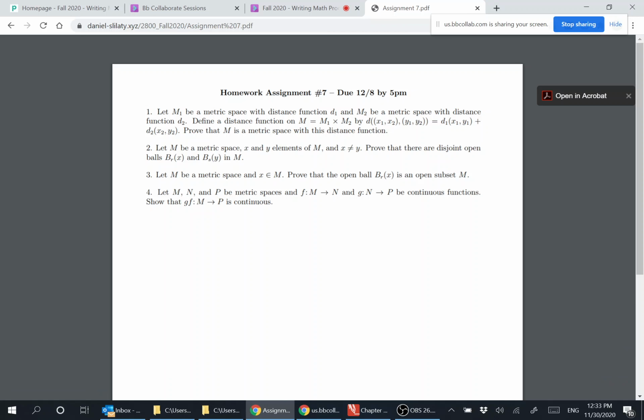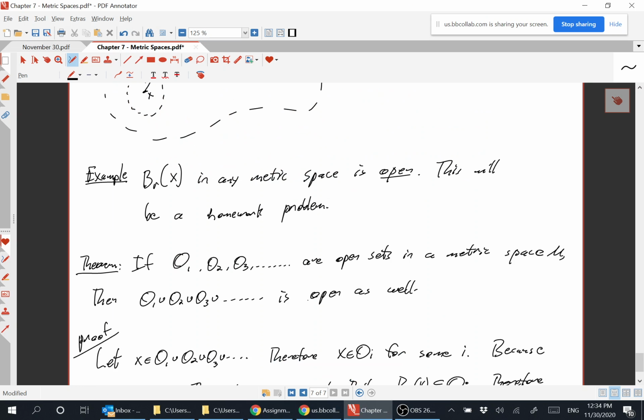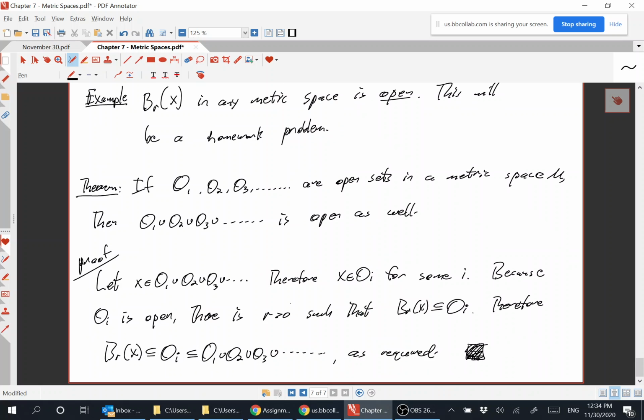So the open ball B sub R of X is itself an open subset. Okay, that requires a proof.